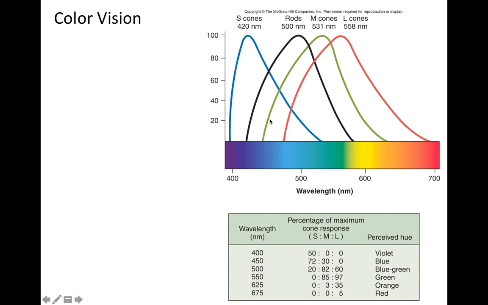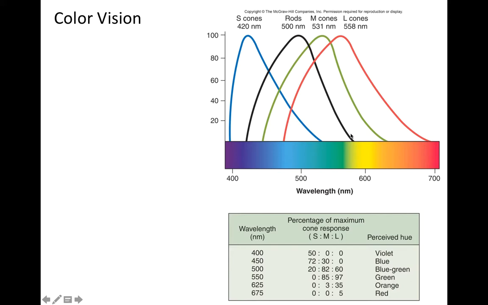We have medium wavelength cones that deal with the kind of sort of blue to green to yellowish starting on orange. And then we have long wavelength cones that are going to deal with basically kind of from the light blues across over to mostly your reds. And then here's your rods.